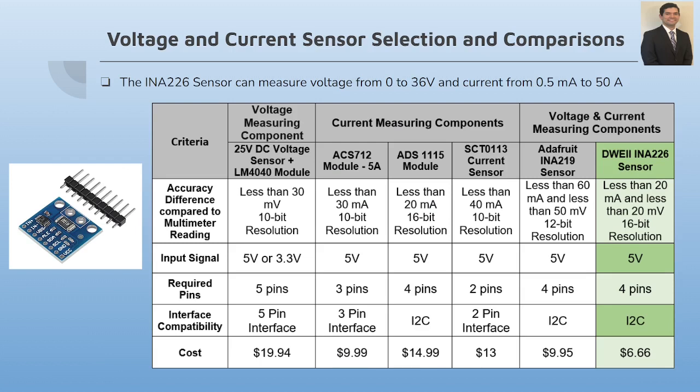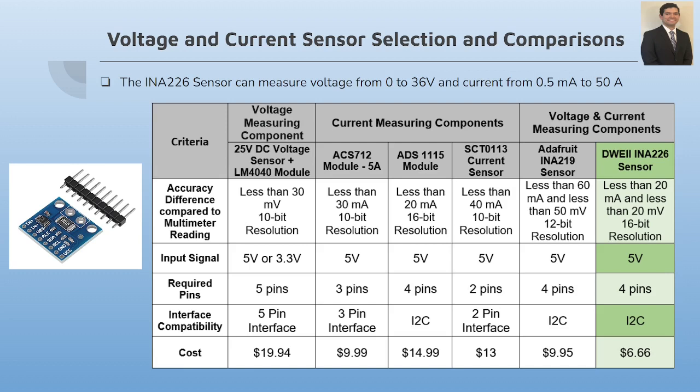For the sensor selection, we considered sensors that only read voltage and current, as well as some alternatives that can measure both. Since our objective is to accurately measure the power generated, and we need to measure the power from the motor and from the outlet for the external device, we selected the INA226 sensor that can measure voltage, current, and power with high accuracy.